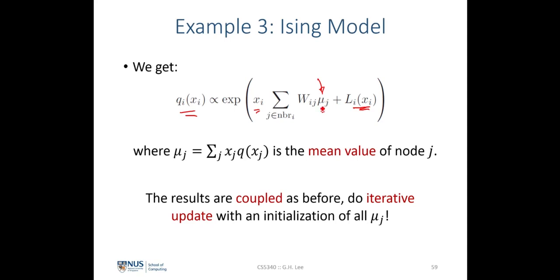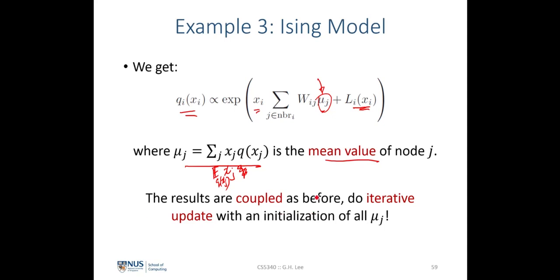Here we rewrite this term as the expectation of xj with respect to the distribution q of xj. This is also equivalent to the mean value of the node j, because we are taking the expectation over the value of xj, and q here can be treated as the empirical distribution.